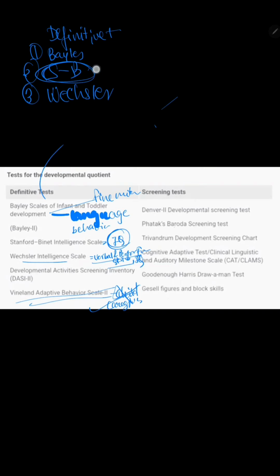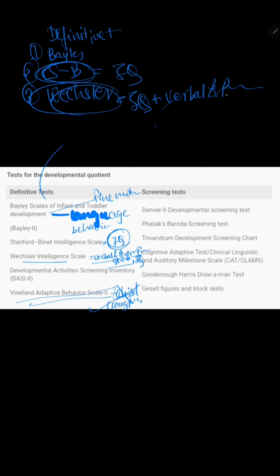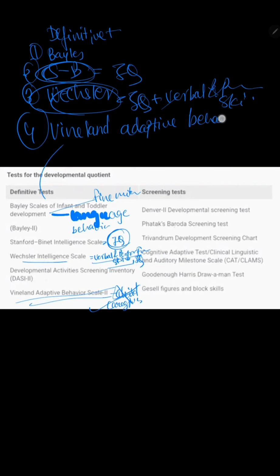We also saw that Stanford-Binet is basically testing your IQ, and Wechsler's test is not just testing your IQ, but also testing your verbal and performance skills. Then fourth, we have the Vineland adaptive behavior scale. Okay, so this is the definitive test, and now we will see the screening tests.